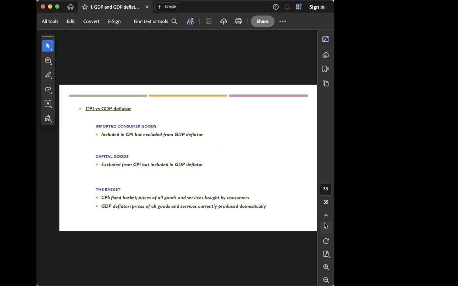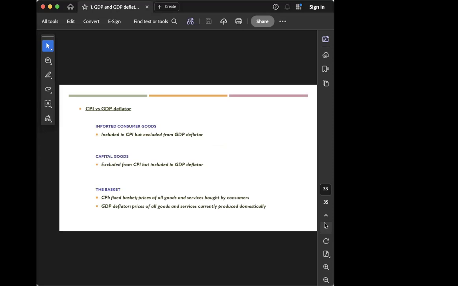The first difference is imported consumer goods. If you remember the definition, imported consumer goods are included in CPI because consumers are buying them, right? But they are excluded from the GDP deflator because GDP only includes goods and services produced domestically.